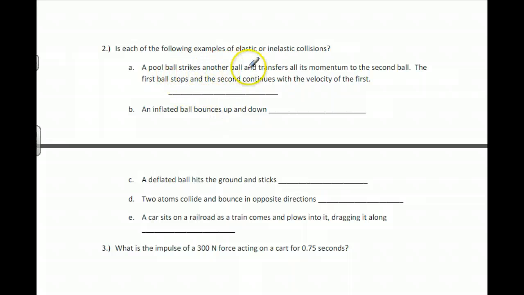A pool ball strikes another ball and transfers all its momentum to the second ball. The first ball stops and the second ball continues with the velocity of the first. That's perfectly conserved momentum. That is elastic. An inflated ball bounces up and down, so it is bouncing. That is elastic. A deflated ball hits the ground and stays there. Obviously, it's not transferring the energy back up, so that's going to be inelastic.